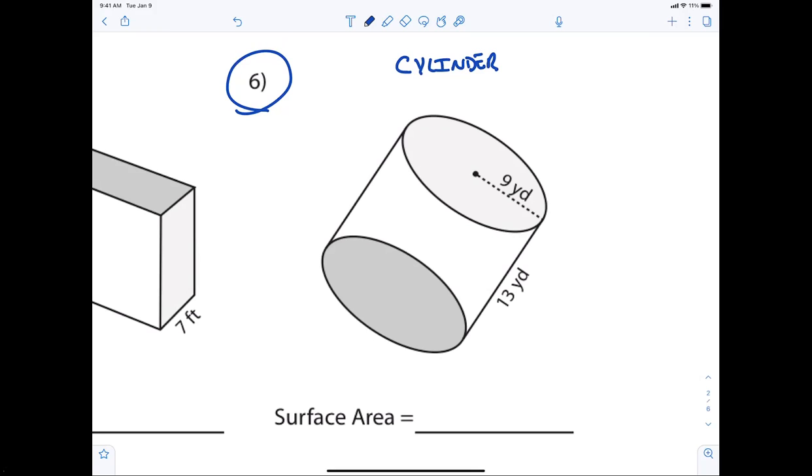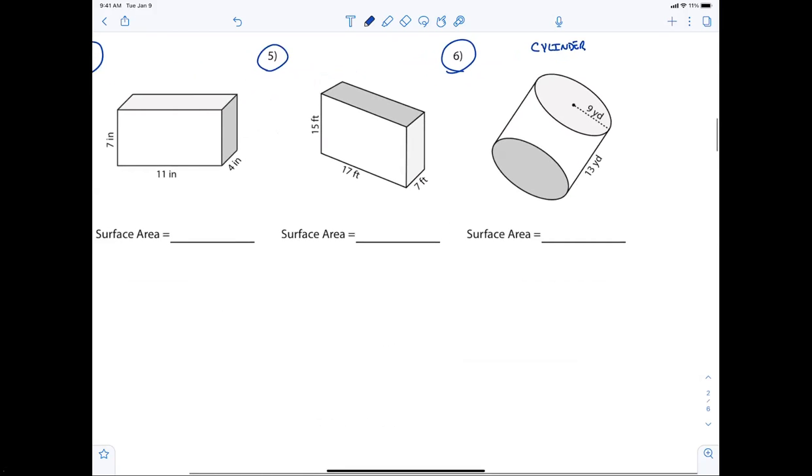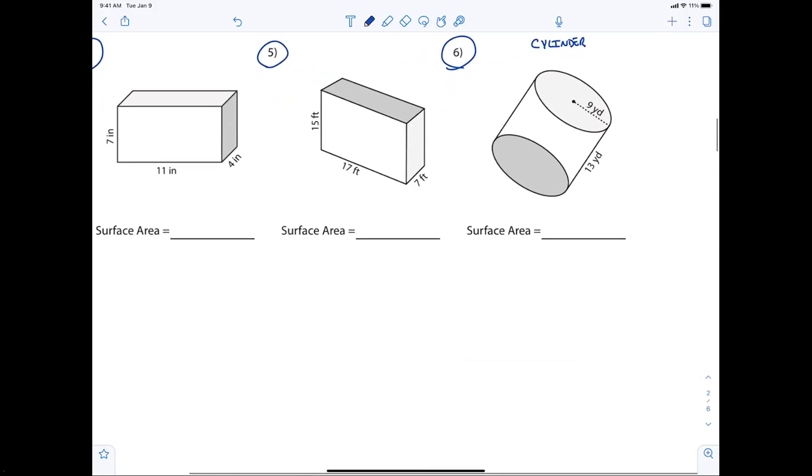All right, that's called a cylinder. Now, I need help on the cylinder, right? Because I know everybody can recognize two of the shapes. Two of the shapes are circles. So now the surface area of a cylinder, I want everybody to write down surface area.